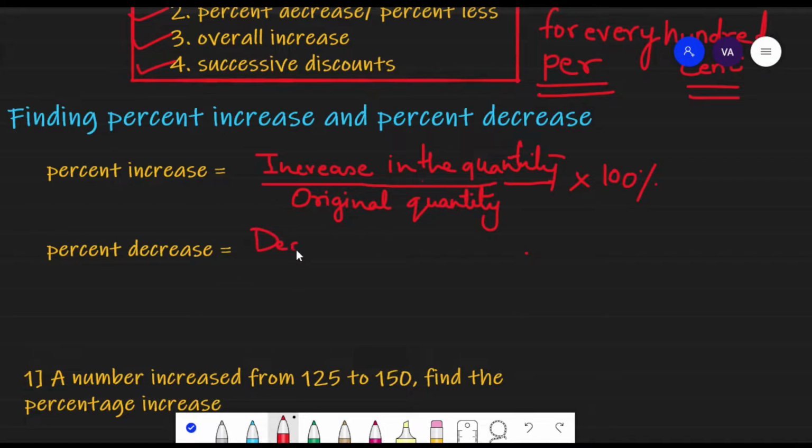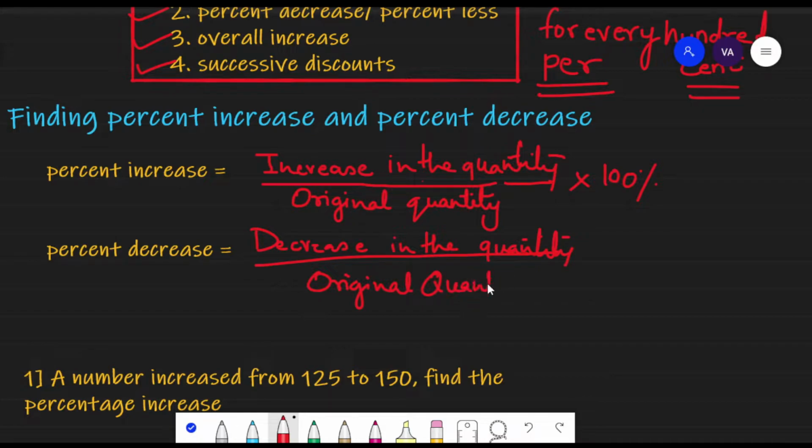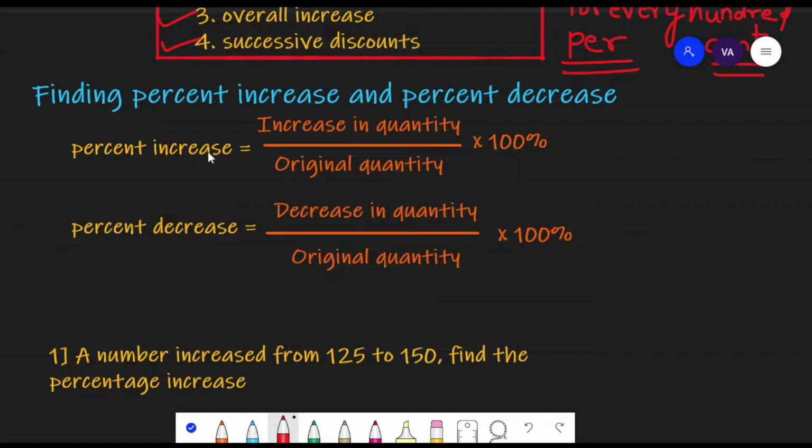It is the decrease in the quantity divided by the original quantity into 100%.